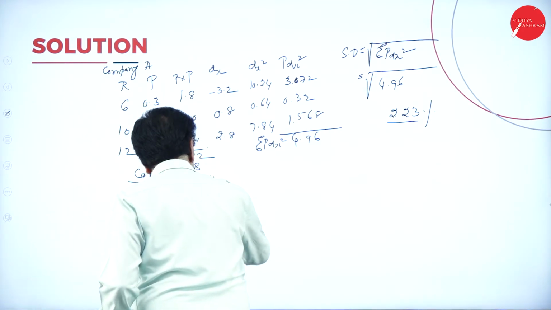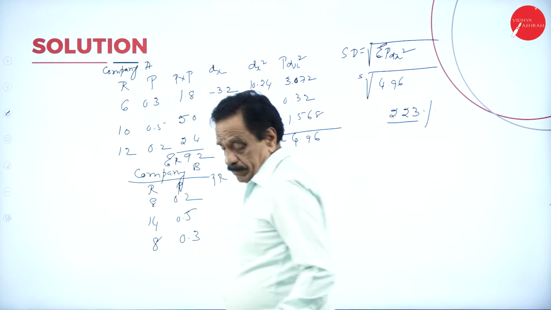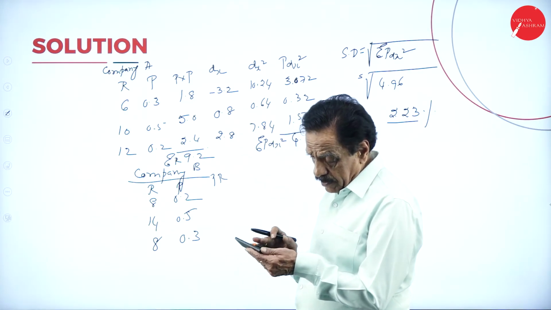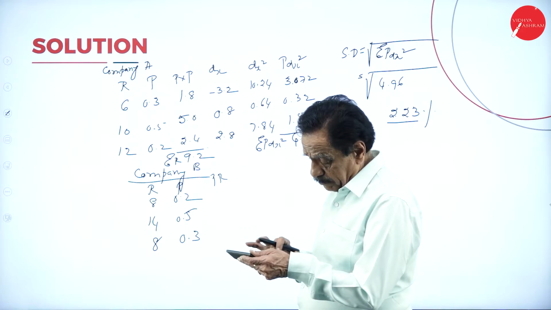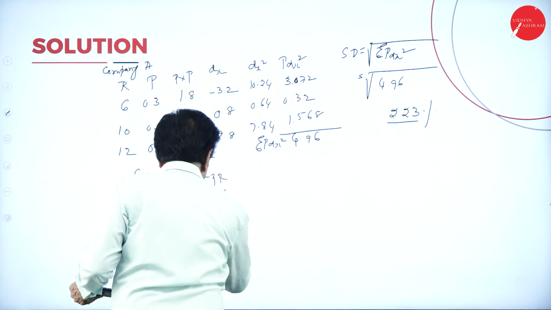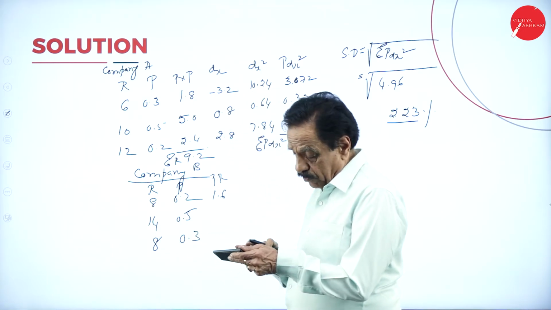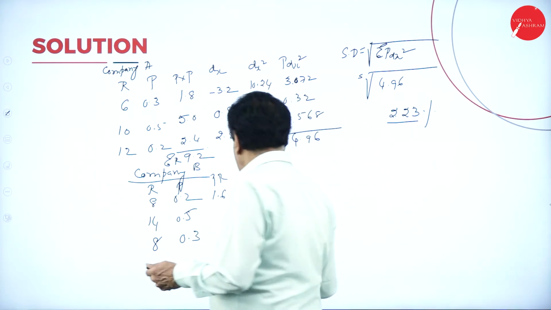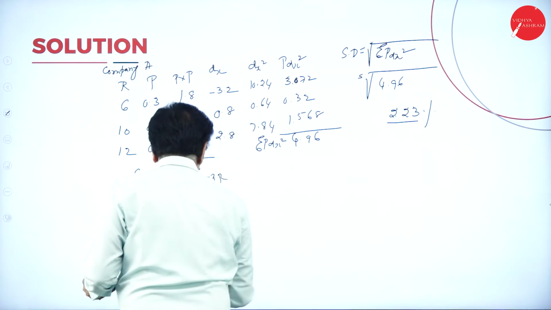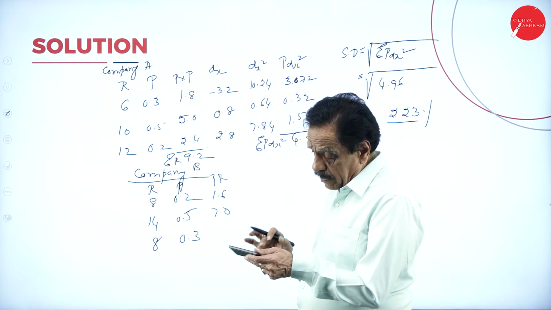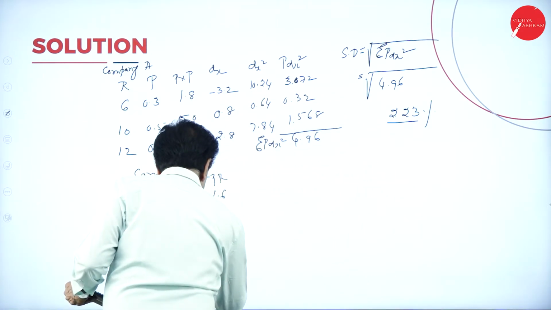Multiply R into P. 8 into 0.2 is 1.6, 14 into 0.5 is 7, 8 into 0.3 is 2.4.